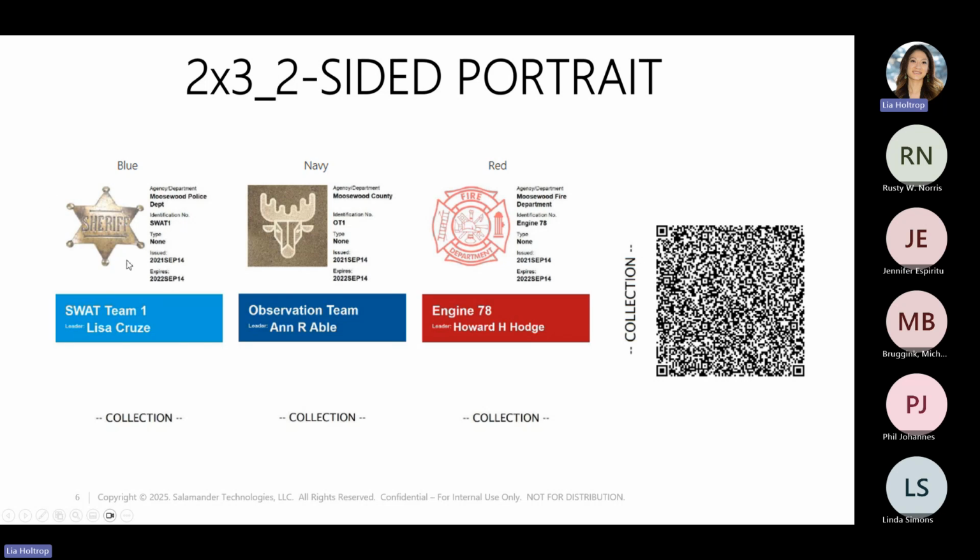You also will see a logo on there. This is the organization logo. And then you'll see the team name and the leader in the middle here. On the back, all you will have is the QR code. It's too large to place in the front, so we place that on the back with some of the basic information. So again, much more fancy with color.